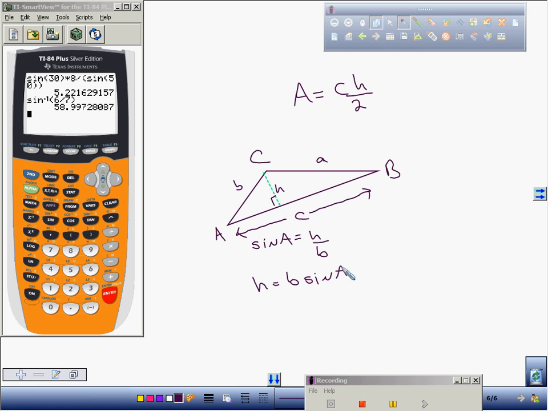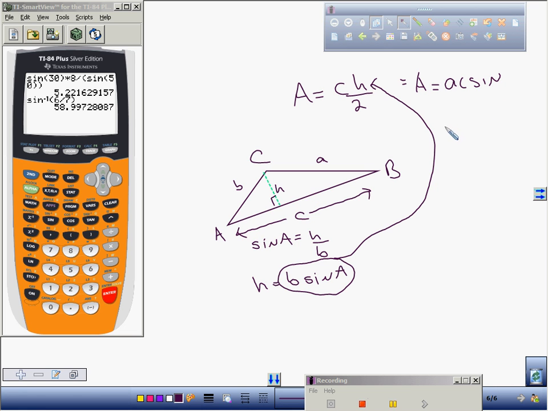Now I can take this and plug it in to here. What I get is that the area of any triangle is equal to A times C... that doesn't make sense.